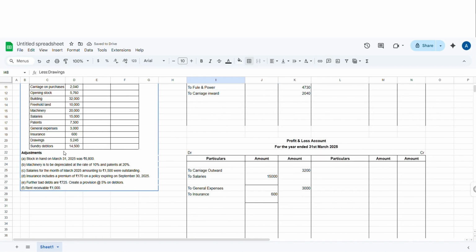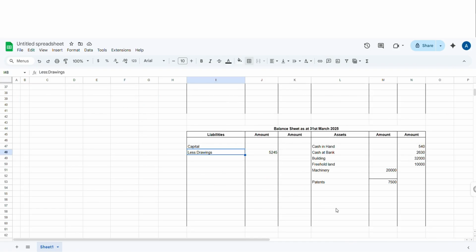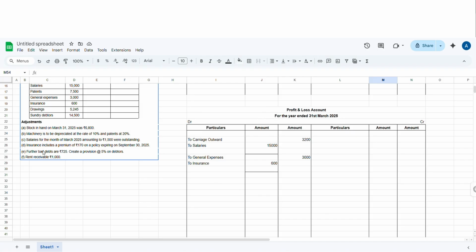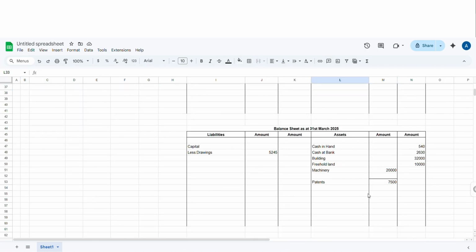Then we have sundry debtors 14,500. Sundry debtors is an asset, so balance sheet on the asset side, 14,500. We have an adjustment on sundry debtors as well. We have an adjustment on patents also. Machinery and patents, yes, we have adjustments.